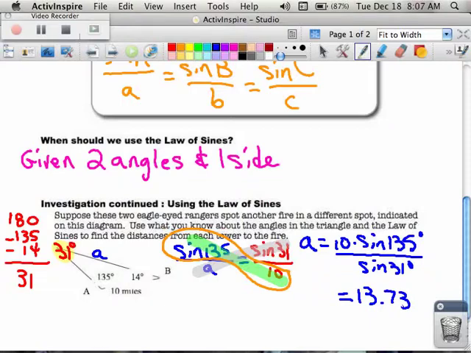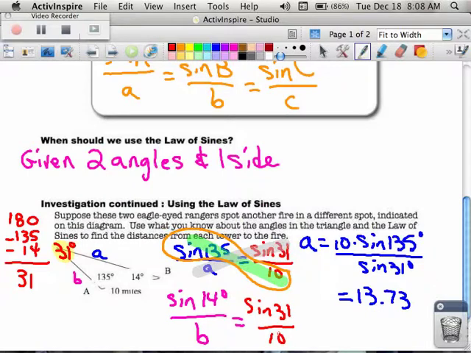Now, to find the other side, the only one that's left over, side b, I would do the same kind of thing. The sine of 14 degrees divided by side b is equal to my ratio again, the sine of 31 over 10.